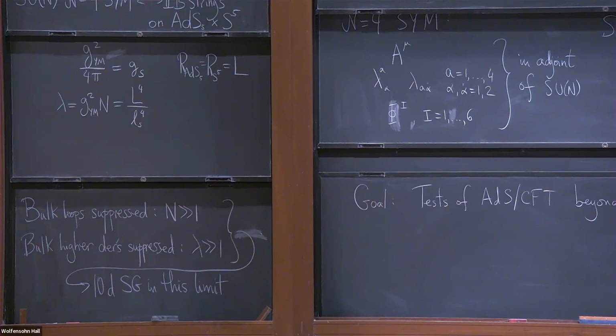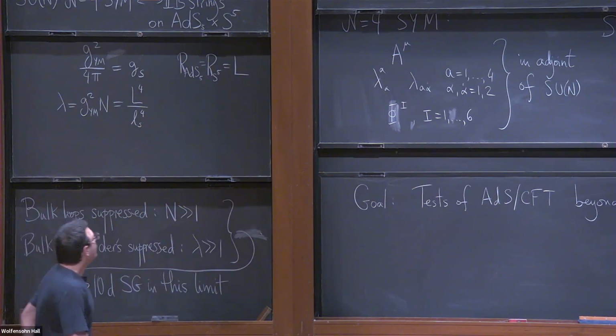And in order to suppress higher derivative interactions in the bulk, one needs the 't Hooft coupling, g_YM squared N, to be much bigger than 1. If both limits are taken, then in the bulk we have a 10-dimensional supergravity theory for which AdS5 times S5 is a solution to the classical equations of motion.